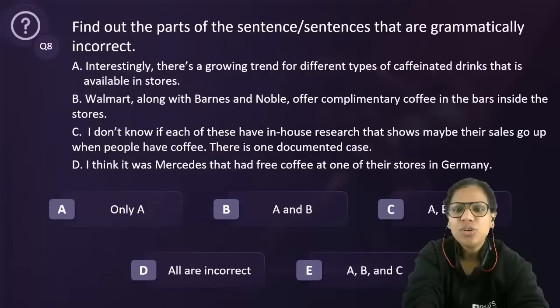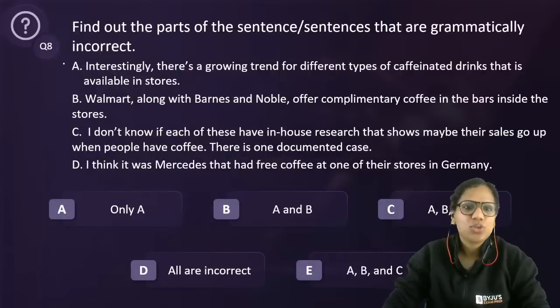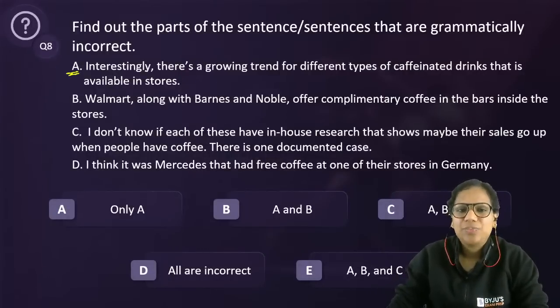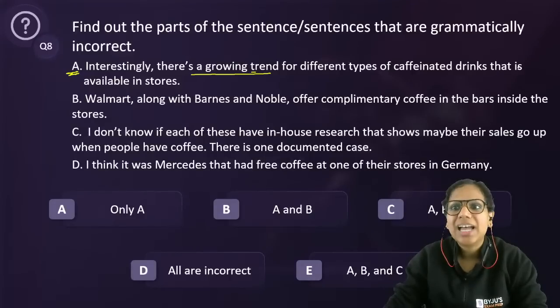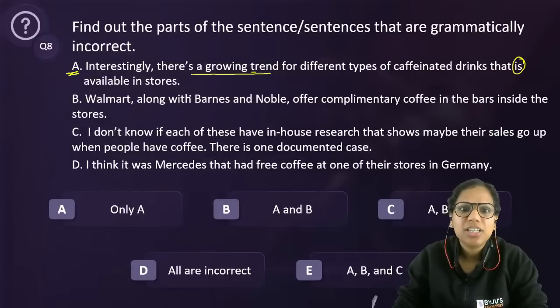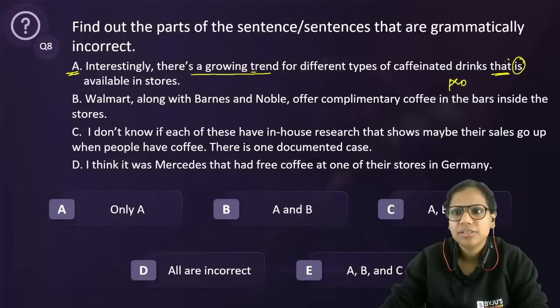Right. So, if you see here, each sentence is actually testing you on a grammar concept. Let's see what those concepts are. A. Interestingly, there is a growing trend for different types of caffeinated drinks that dash available in stores. So, what does this that refer to? That is a pronoun here.